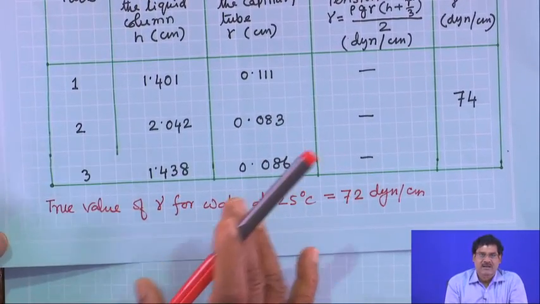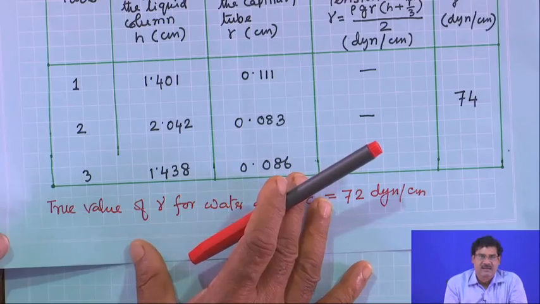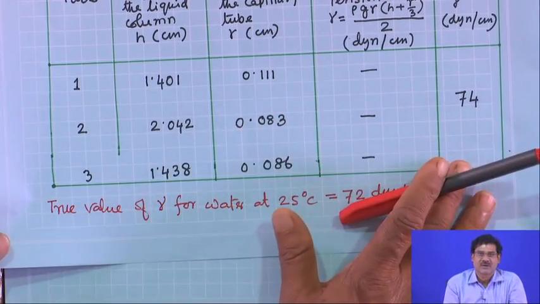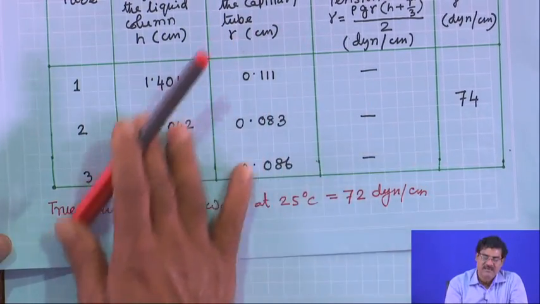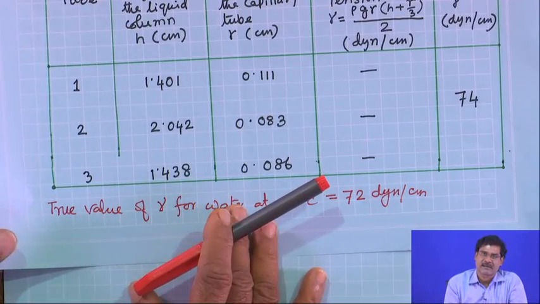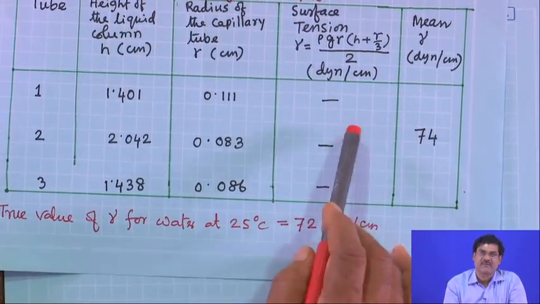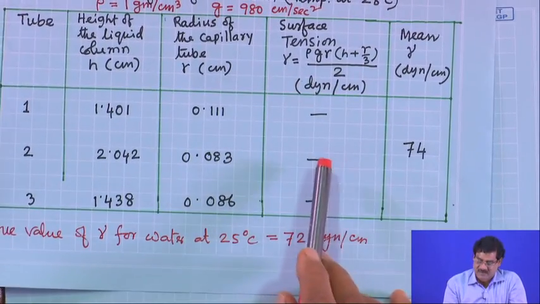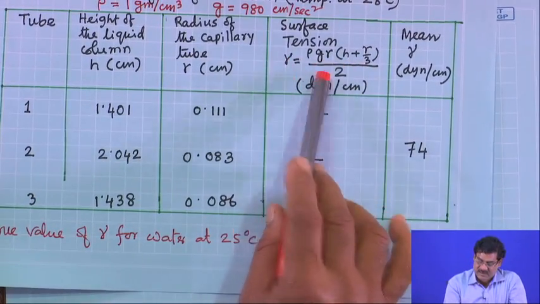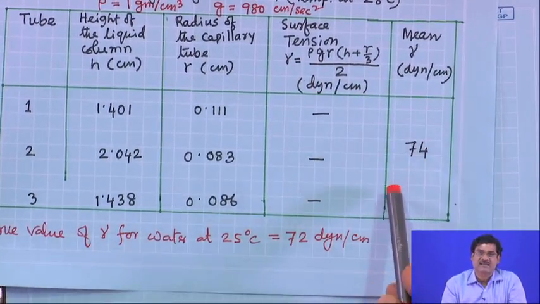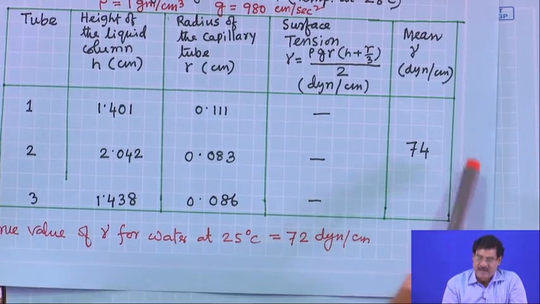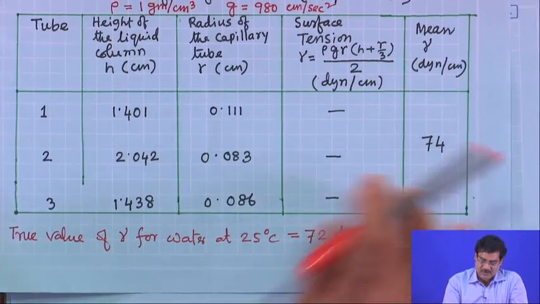So, that is why we take more sets of data and take the average, so that we can minimize this error. The average surface tension is basically 74 dyne per centimeter square after calculation.